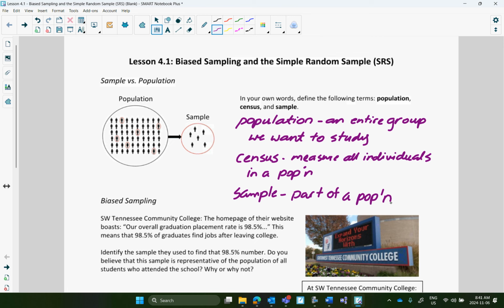Instead of just asking all students across the city, which I said is a very big undertaking, I take a certain sample. And there's different ways you can take samples, okay, that we'll talk about shortly.